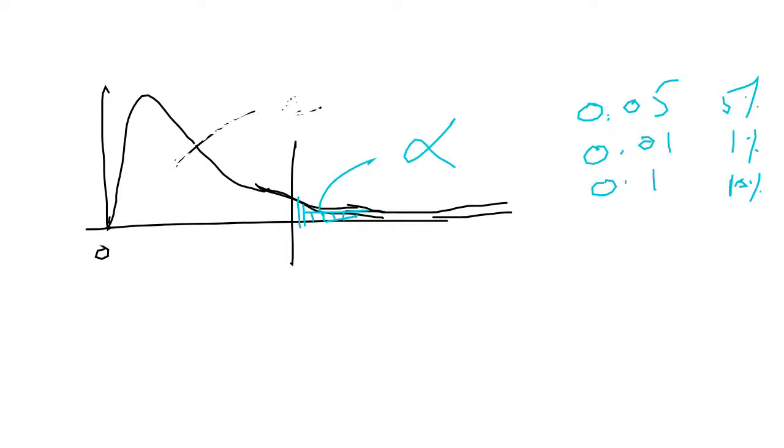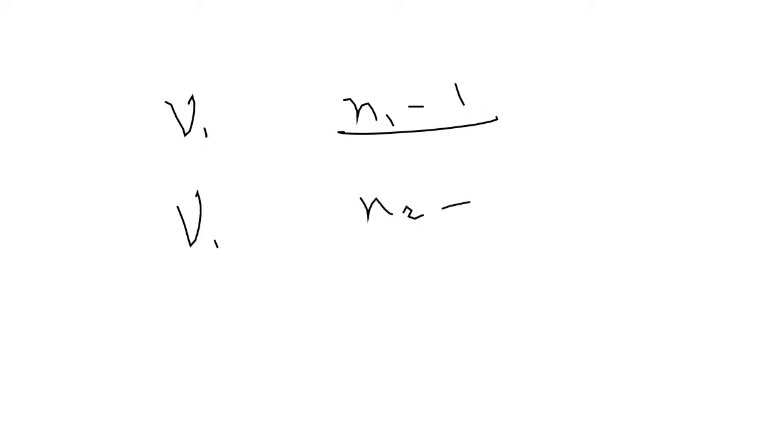So now how does this work? All right, how does this work? Let me just quickly try to explain it in this format itself. I told you we have two values V1 and V2, which are nothing but N1 minus 1 and N2 minus 1.